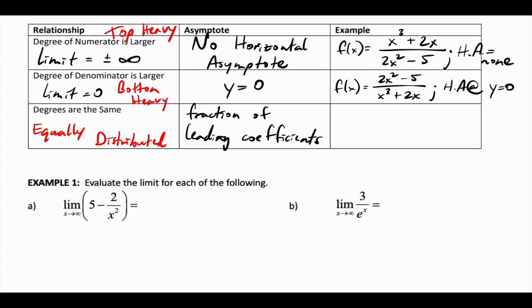Okay, so let me give you an example. (3 - x^2) / (5x^2 + 2x).